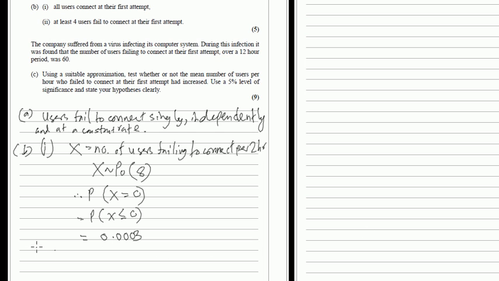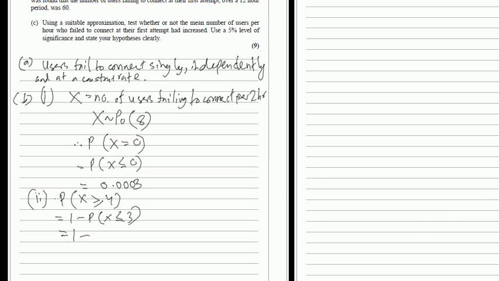That means 4 or more people fail to connect. That means 1 minus probability of X less than or equal to 3, 1 minus 0.0424 from the table, where lambda is 8, which gives 0.9576.